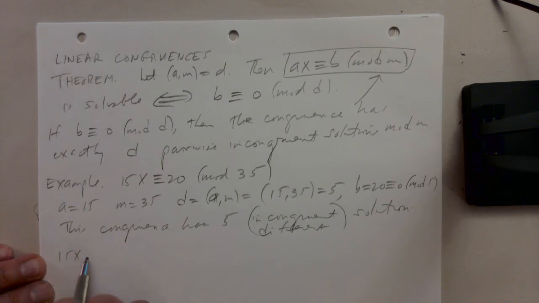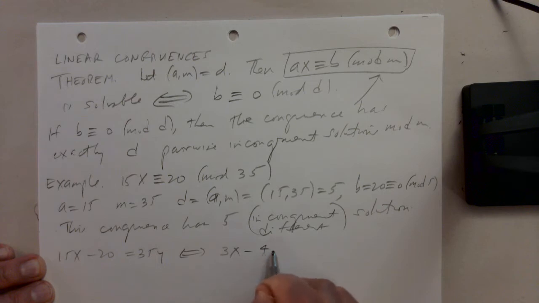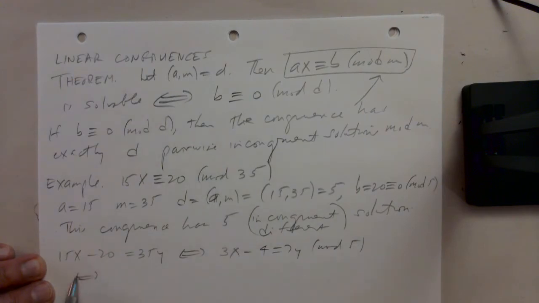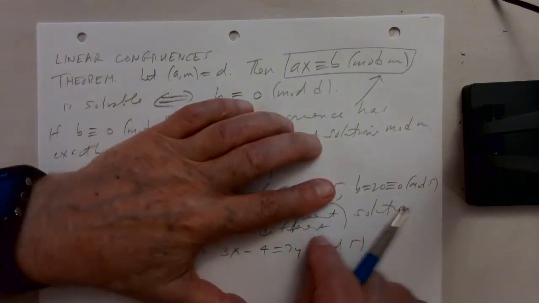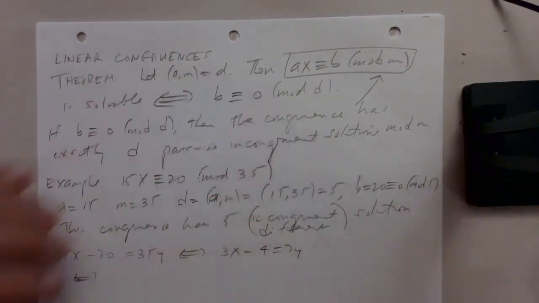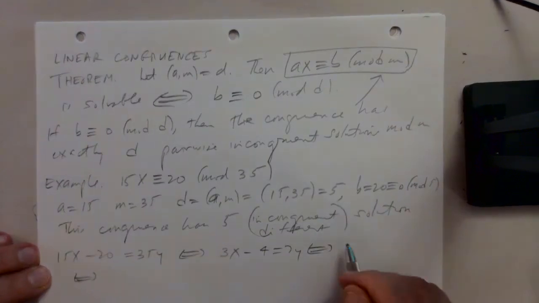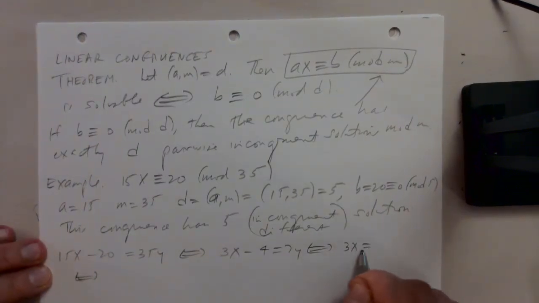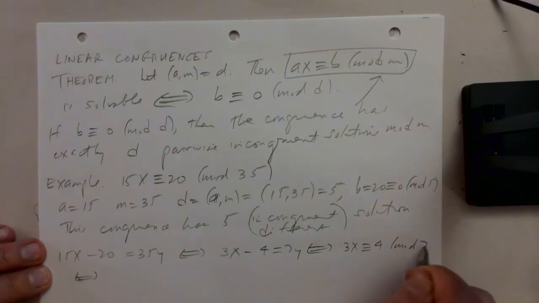If 15x minus 20 is equal to 35y for some y, that's the same, if you divide by 5, as saying 3x minus 4 is equal to 7y, which is the same as saying that 3x is congruent to 4 mod 7.